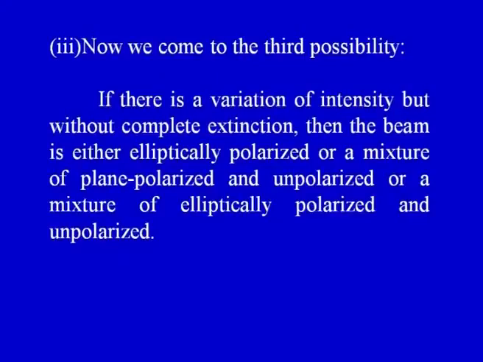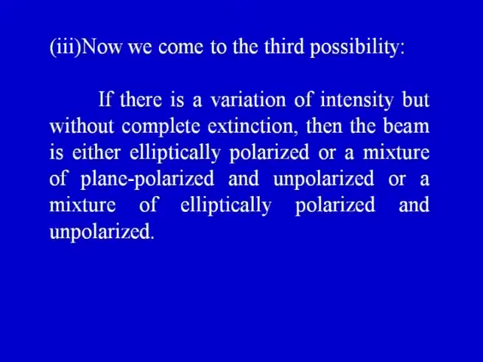So, the result after passage through the quarter wave plate is something like a mixture of unpolarized and plane polarized. When we pass it through an analyzer and rotate it, there is a variation in intensity, but complete extinction is not there.